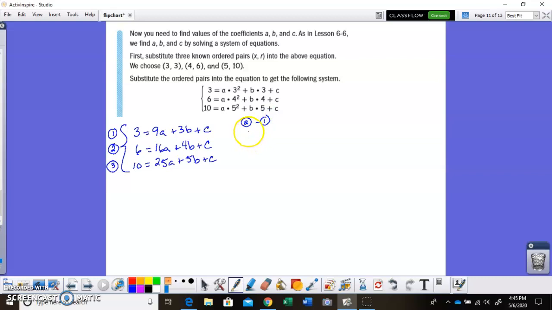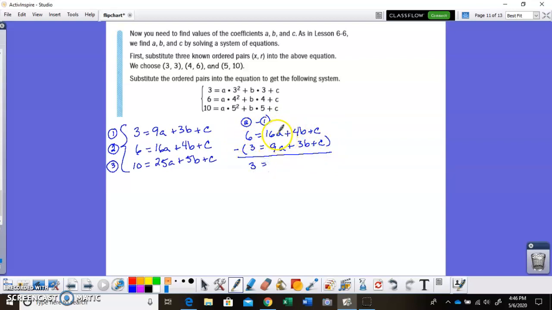So equation 2 is 6 equals 16a plus 4b plus c. And I'm going to subtract from that equation 1, which is 3 equals 9a plus 3b plus c. When I do that subtraction, I have to subtract each like term. So 6 minus 3 gets me 3.